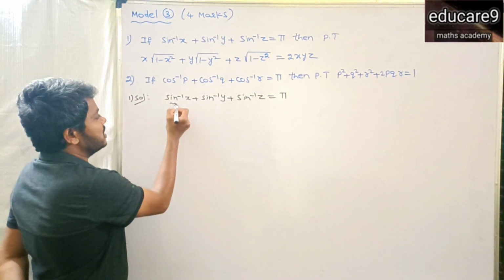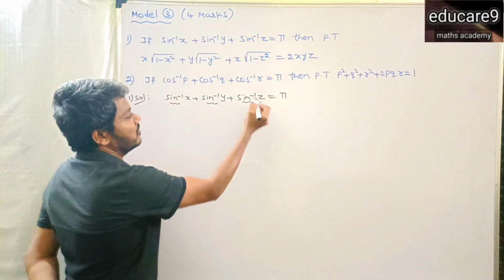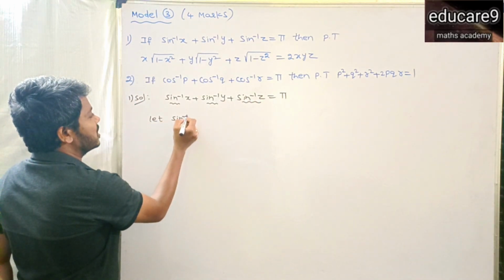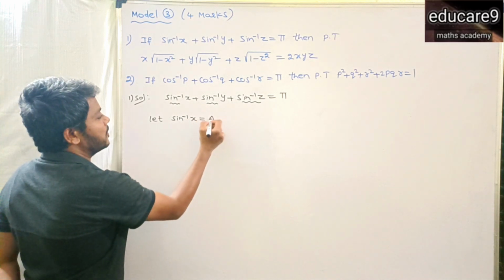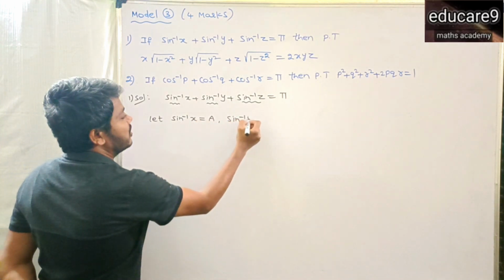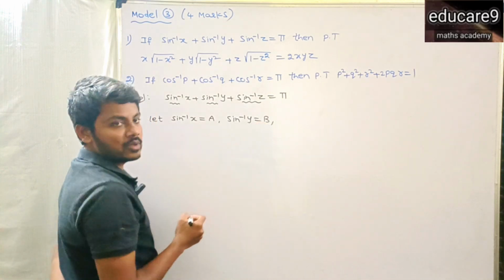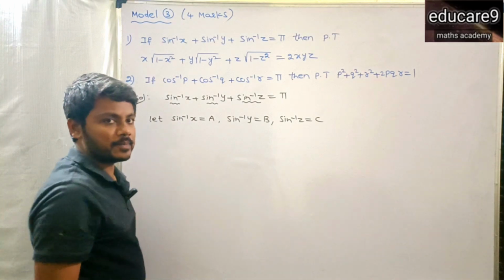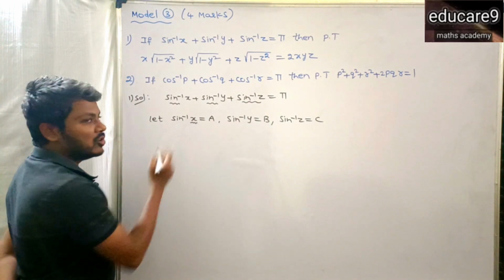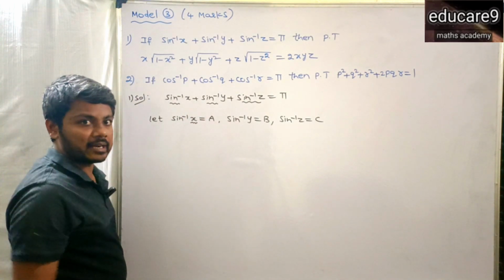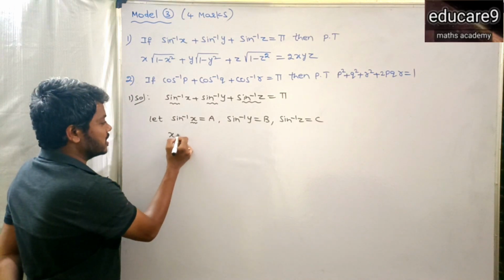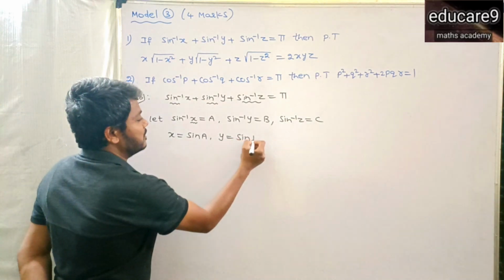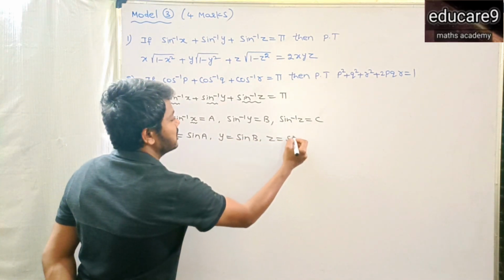Let us consider this is A, the second one B, and the third one C. So let sin inverse x equal A, similarly sin inverse y equals B, and next sin inverse z equals C. So from this you can write the value of x: you can send sin inverse to the right hand side, so it becomes x is equal to sin A, y is equal to sin B and z is equal to sin C.